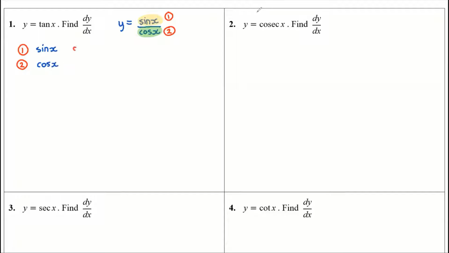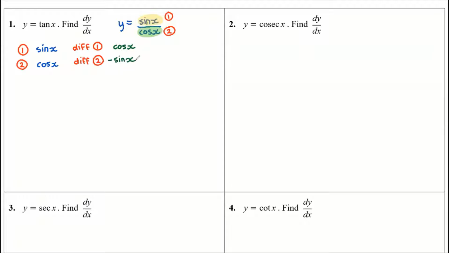So we're going to have the derivative of 1 and the derivative of 2, and they are standard results. Okay, so the derivative of sine x is, of course, cos x, and the derivative of cos x is negative sine x, so just be careful with that.